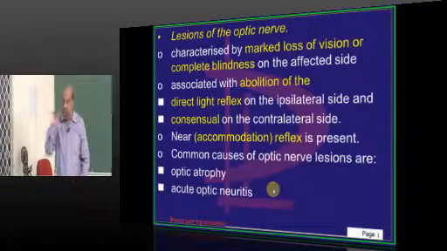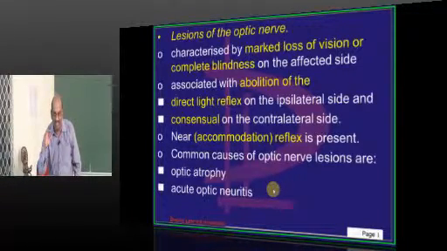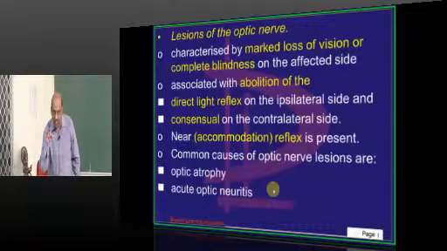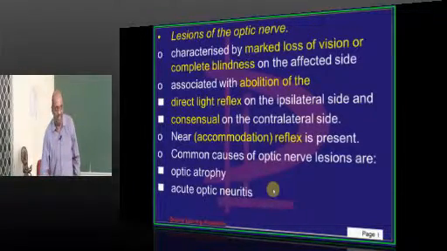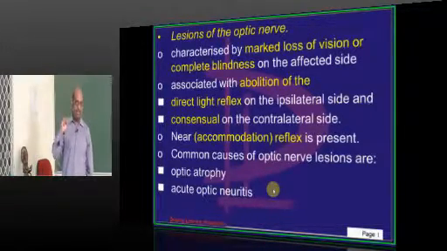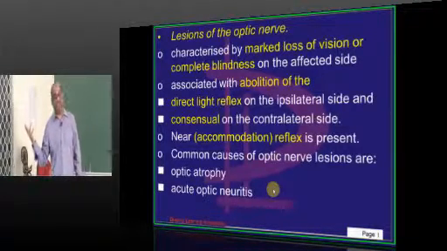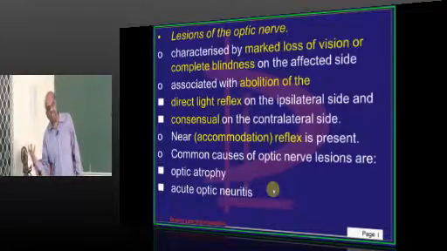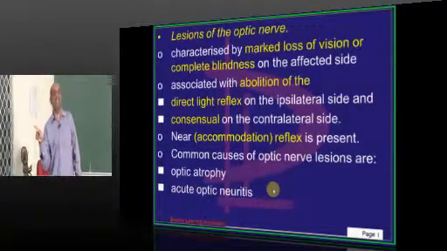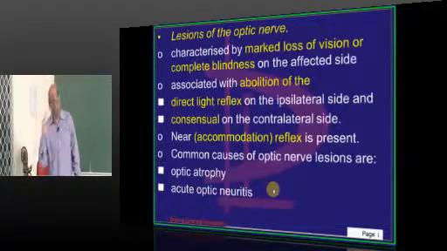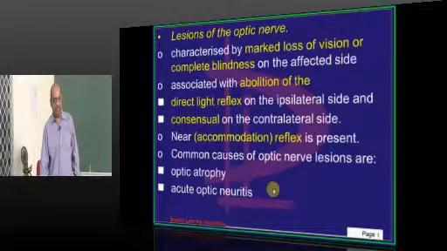So that does not require light sense. What is that reflex called? The near reflex. When I throw light, your pupils constrict. That is called the light reflex. So the light reflex will be abolished, but the near reflex is not abolished if the optic nerve is damaged. You agree with me?